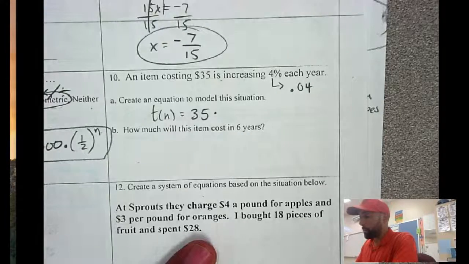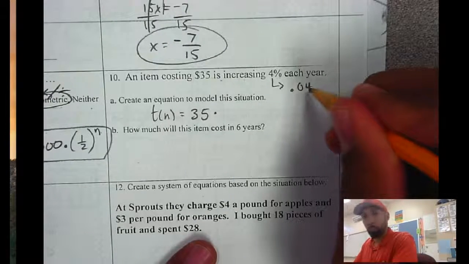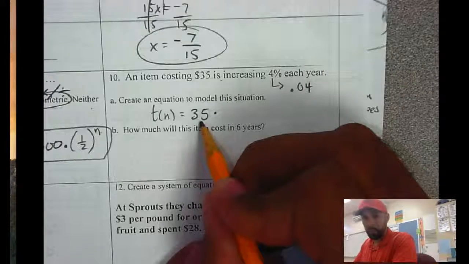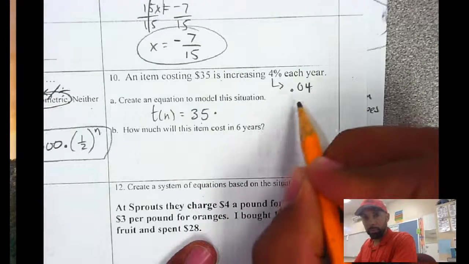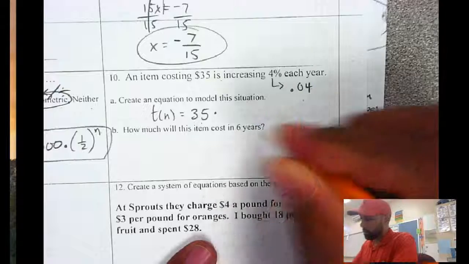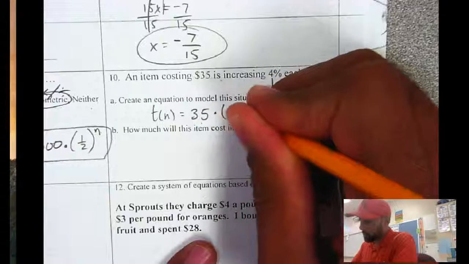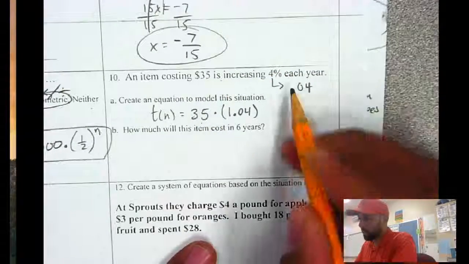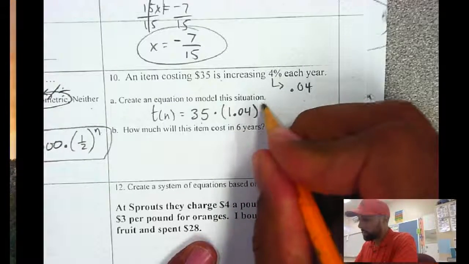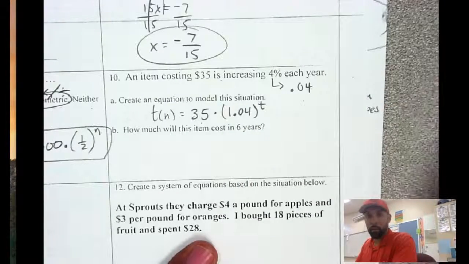But then we're actually not just multiplying by 4%, we're multiplying 100% of this plus that 4%. So the multiplier is going to be 1 plus that, raised to the amount of time.